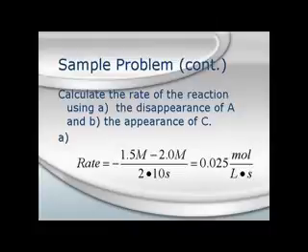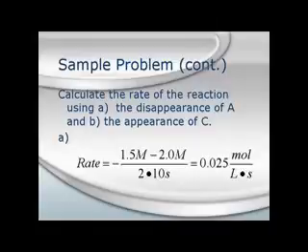Now, for A, our rate is equal to the opposite of the change in the molar concentration, which is 1.5 moles per liter at 10 seconds, minus 2 moles per liter at the beginning at 0 seconds. On the bottom we have our change in time, which is 10 seconds. You'll notice I also brought down the stoichiometric coefficient from the balanced equation, and it is necessary that you do this.